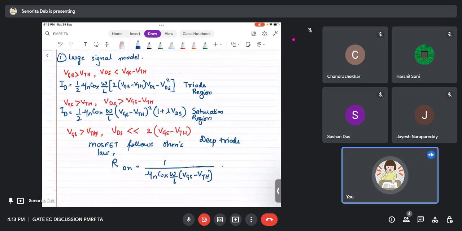In all the cases, you will see that VGS is greater than VTH, because only when VGS is greater than VTH is the MOSFET on. And after the MOSFET is on, only then can it be in different regions, right? With MOSFET off, there cannot be any region. If MOSFET is off, there is no story ahead. But if MOSFET is on, after that only there can be some region of operation.